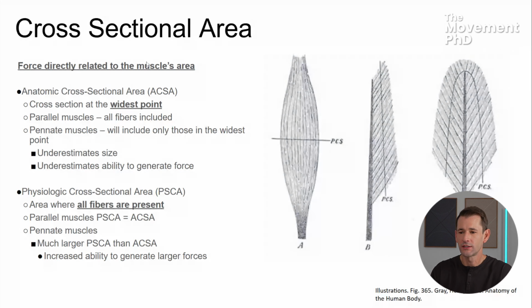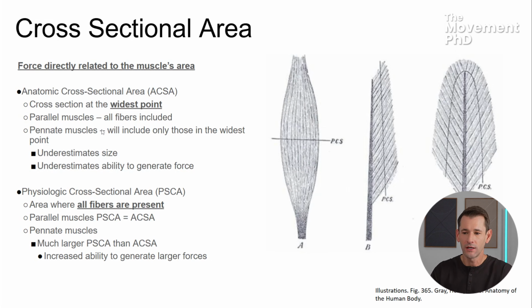I mentioned cross-sectional area. There's two different types of cross-sectional area, and both of them have different rules for measuring different types of muscles. So our anatomical cross-sectional area, that's just taking a muscle and cutting it across its widest part and counting the fibers there. In a parallel muscle like your biceps, you're going to get all of those.